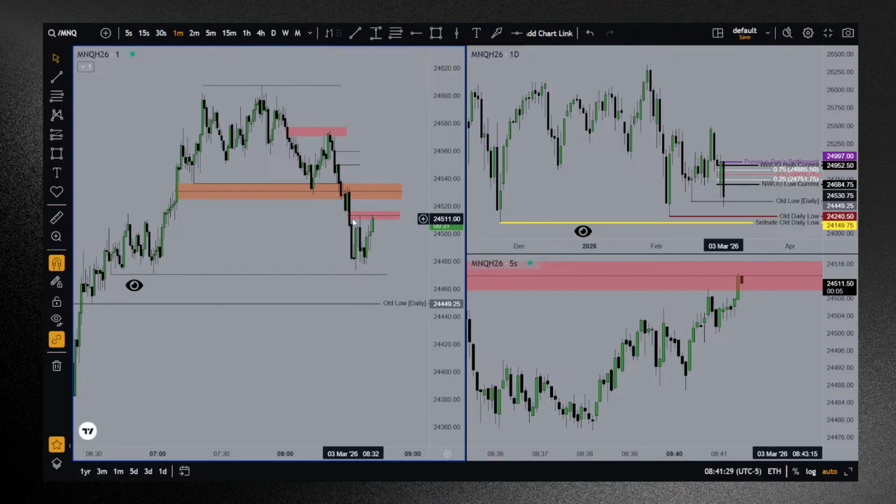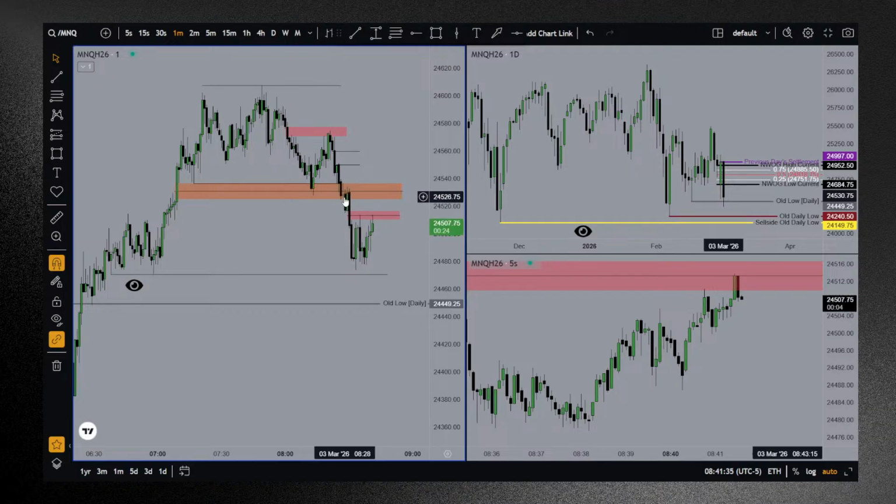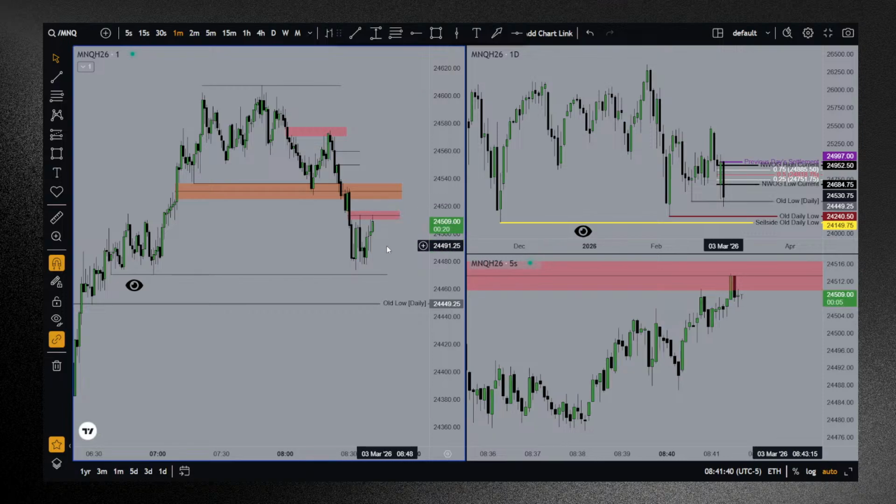Alright, so looks like it potentially might be tapping into the low of this up close candle here, and I would like to see an immediate rejection afterwards.